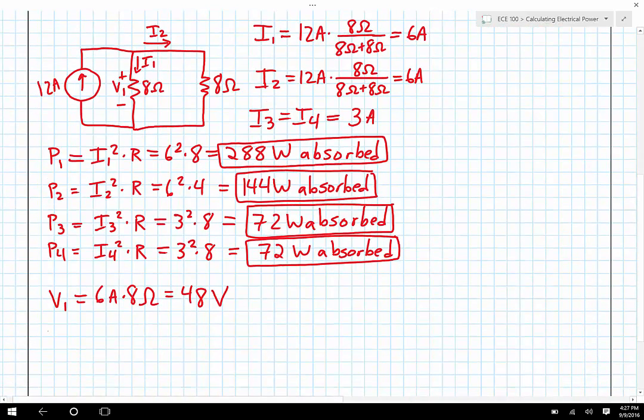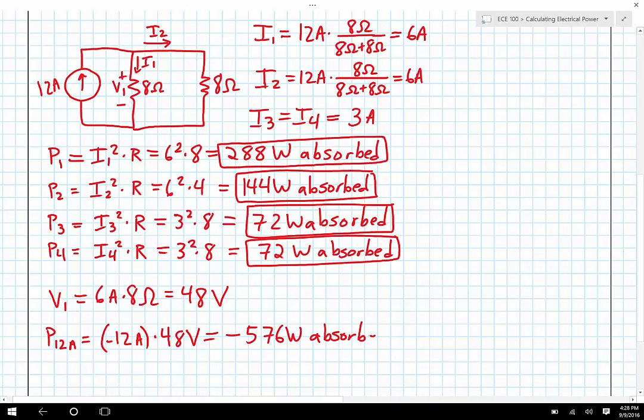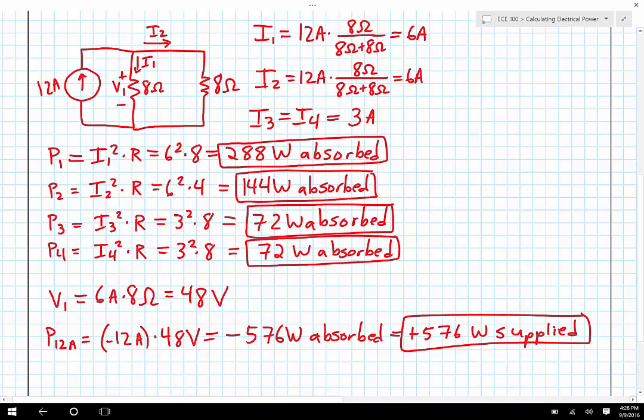And so then I can say P associated with the 12 amp source is going to be negative 12 amps times 48 volts, which is negative 576 watts being absorbed, which is positive 576 watts being supplied, and either of those is an acceptable final answer. I'll go ahead and circle that one.